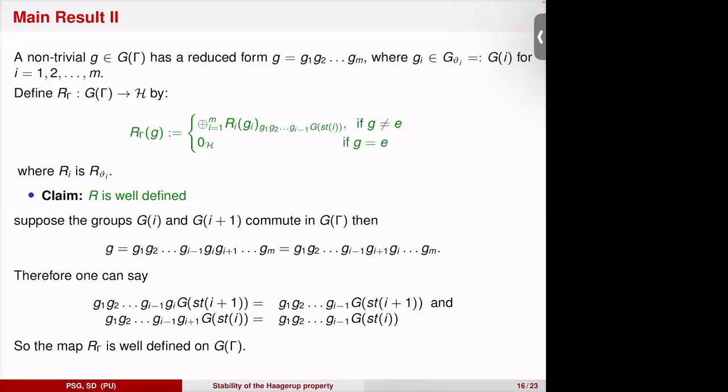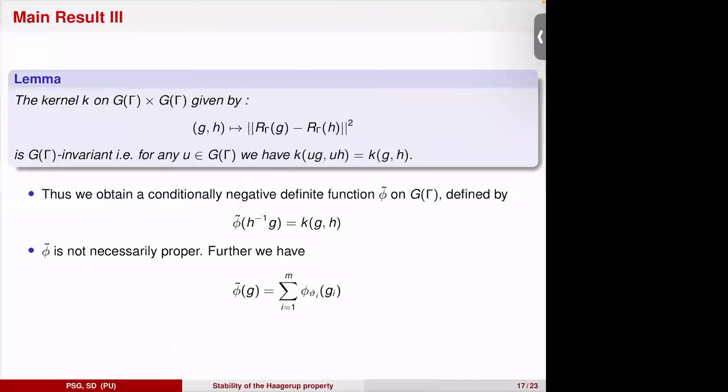So there will not be any commuting element, but this RV1 of the element G1 can take value 0. RV2 applied on G2 can also take value 0. So R gamma on that G element can take value 0 as a whole, 0 vector. Therefore, the kernel, if I define like that, will not be a proper map.